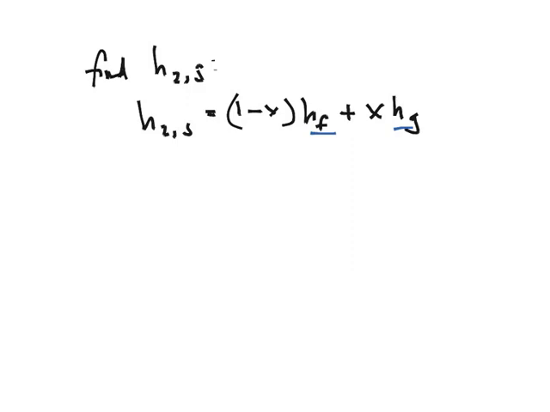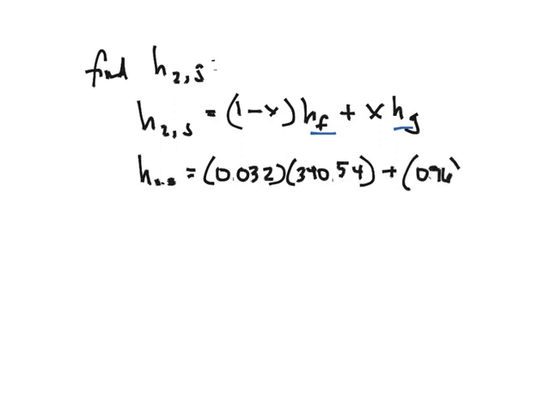And so when we plug in, we get H2S is 0.032 times 340.54 kilojoules per kilogram, that's the specific enthalpy of the saturated liquid at 50 kPa, plus 0.968, our quality, times 2,645.2 kilojoules per kilogram.